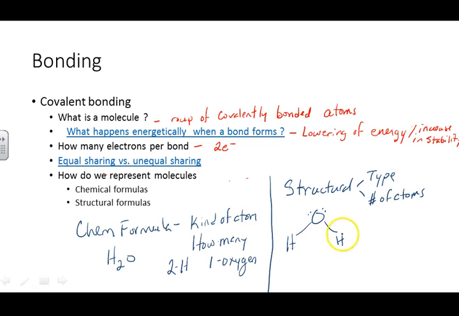So we can see that we still have 2 hydrogens and 1 oxygen. It also shows you the physical connections. It shows you which atoms are bonded to which.